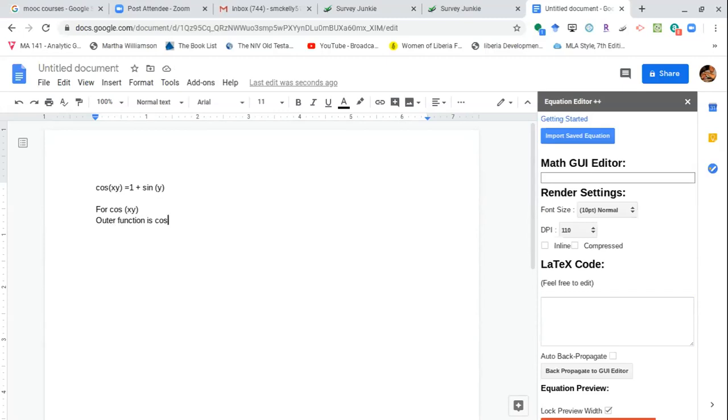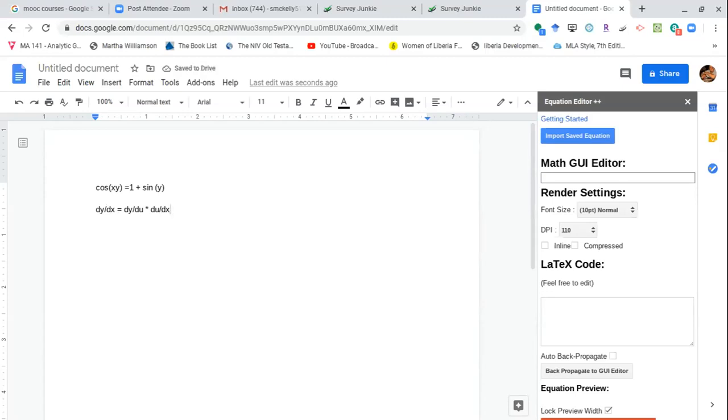If you want to call it, let's say my outer function is u. Before I write that, let me write this. The chain rule says dy/dx equals dy/du times du/dx.